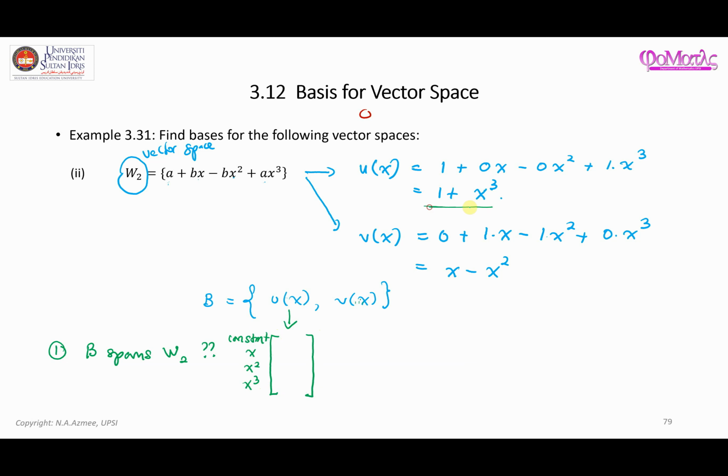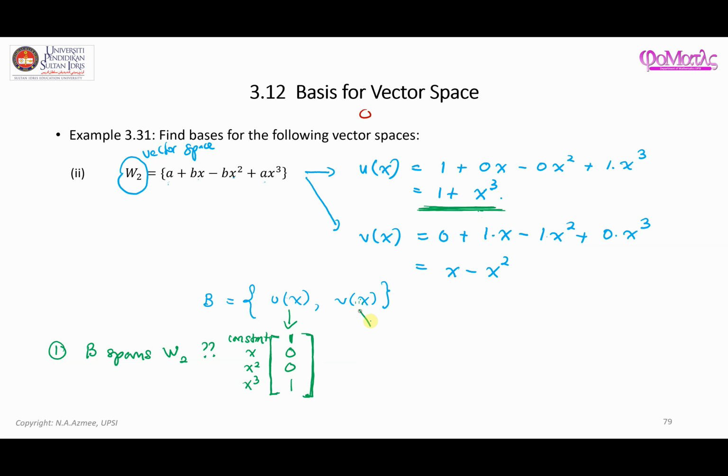So when you have 1 plus x cubed, this is the same thing as having 1, x is 0, x squared is 0, x cubed is 1. So that is the same thing as this one, but we use a different representative or different notation, that's all.